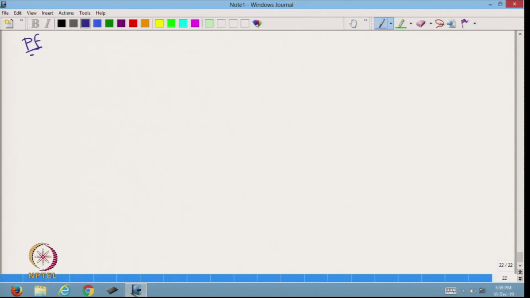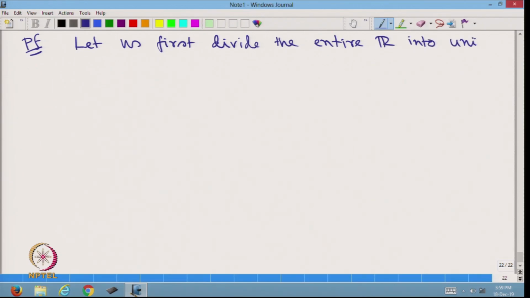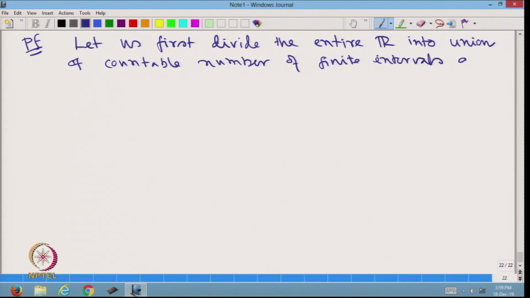Proof. Let us first divide the entire R into a union of countable number of finite intervals as follows.